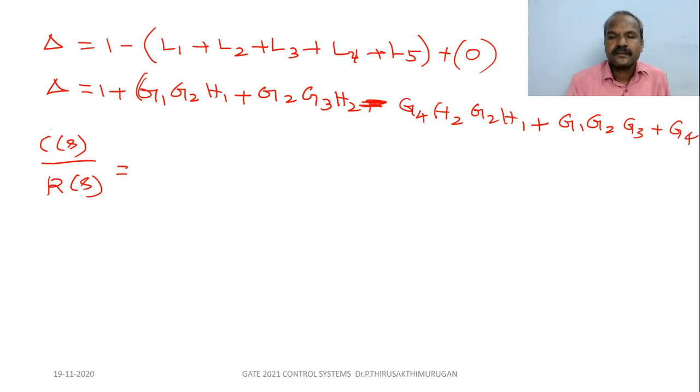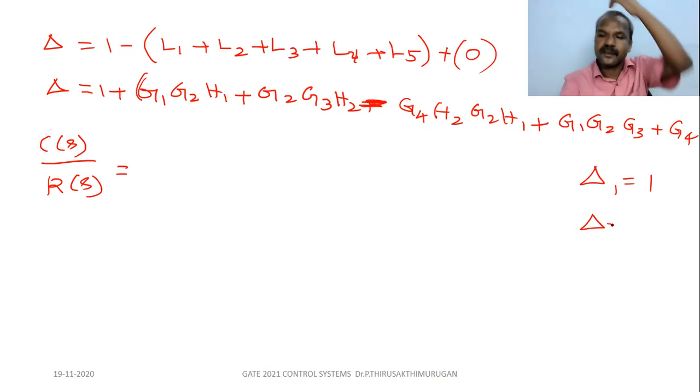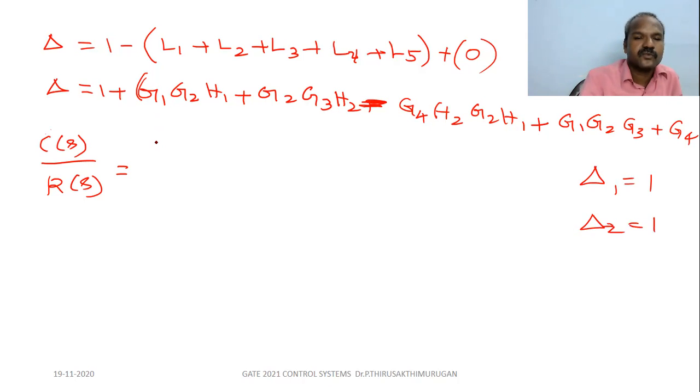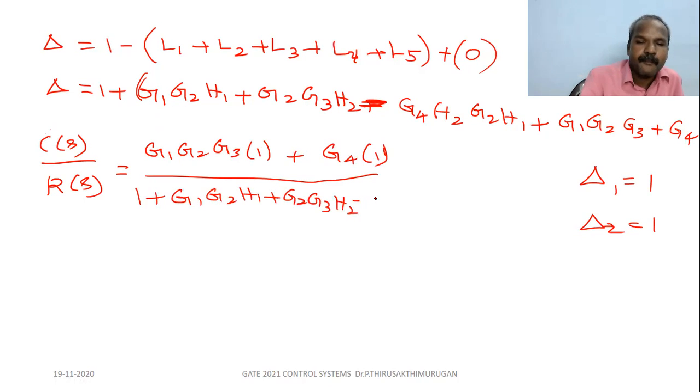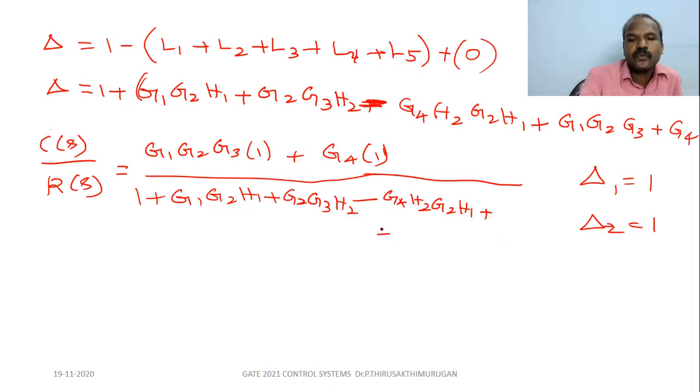All the loops touch the first and second forward paths, so del 1 and del 2 are both 1. So C of S by R of S equals G1, G2, G3 into 1 plus G4 into 1, divided by 1 plus G1, G2, H1 plus G2, G3, H2 plus G4 plus G2, G4, H1, H2 plus G1, G2, G3.